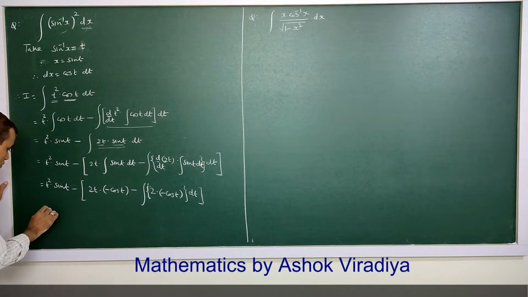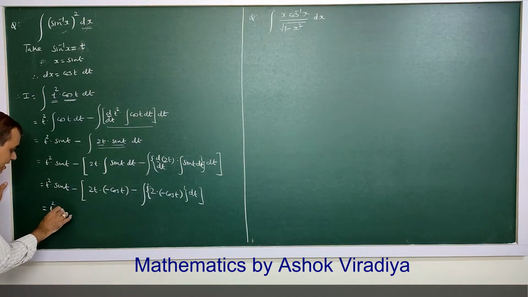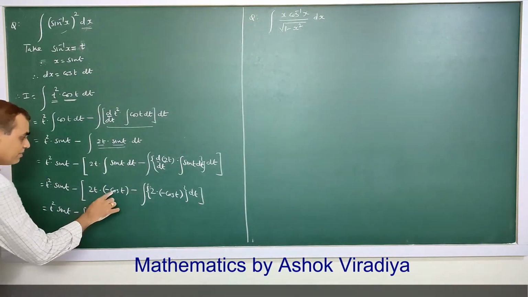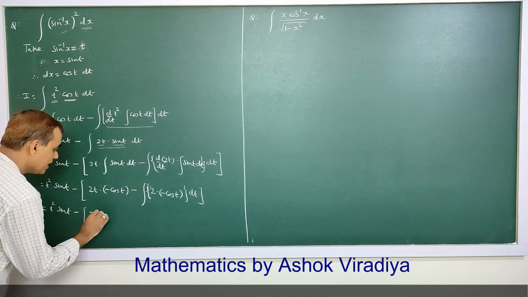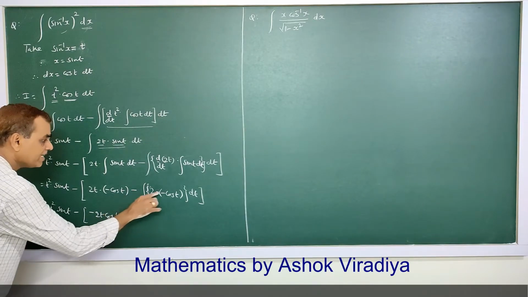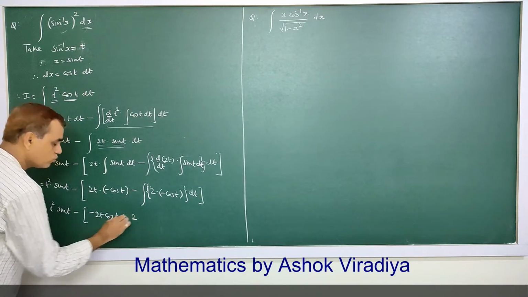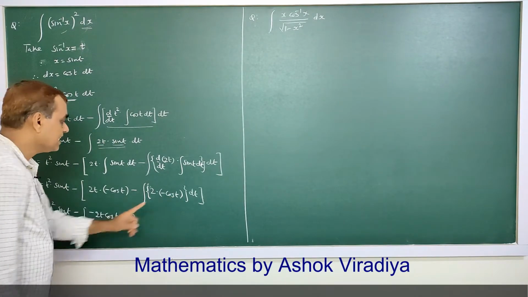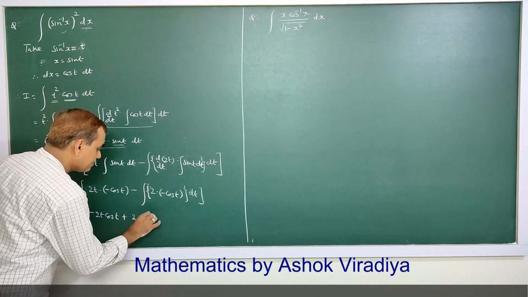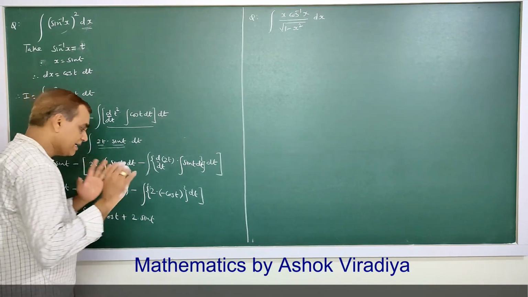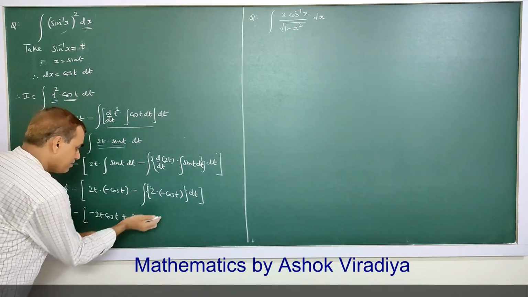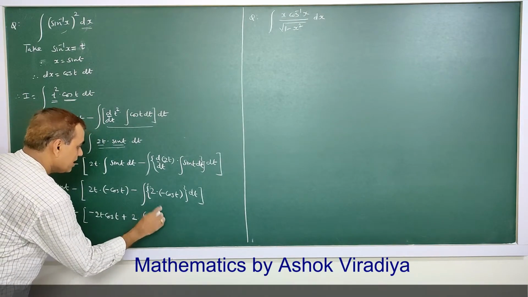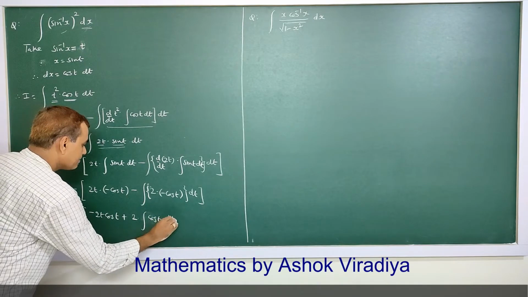So it is equal to t square sin t minus, this will be minus 2t cos t, minus minus plus, 2 taken out. Integral of cos t is sin t, or I keep one more step, minus minus plus 2, I keep here cos t dt.